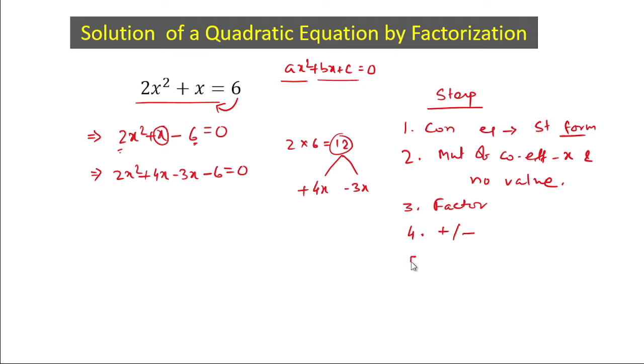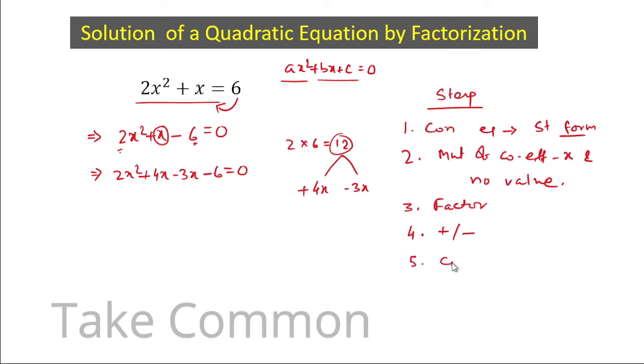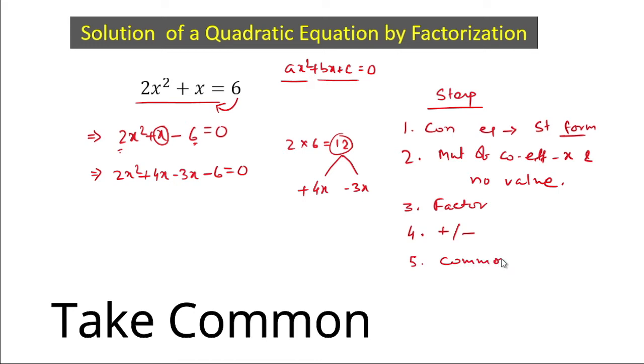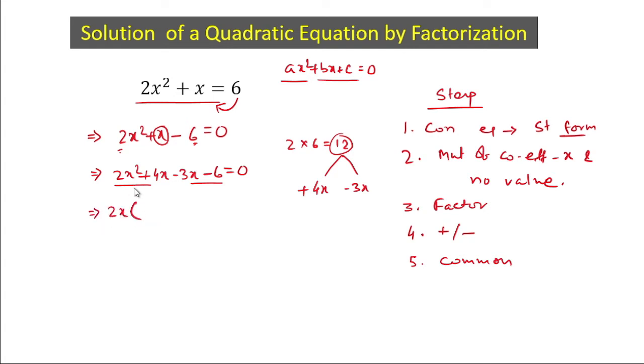After that, our fifth step will be to take the common factor between these two terms and these two terms. Here we will take the common factor 2x, leaving x plus 2, and for the other two we will take common 3, leaving x plus 2, is equal to 0.